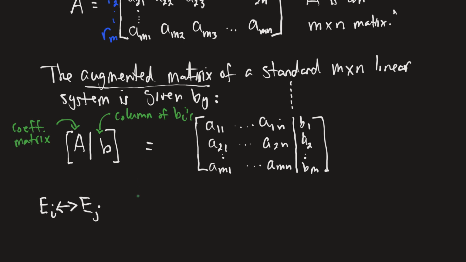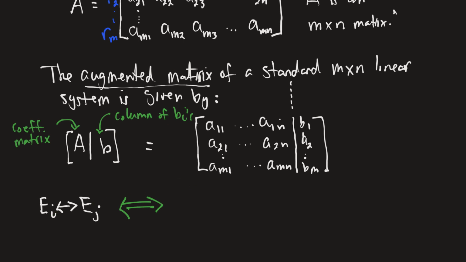What we have to do is write down what is the equivalent form now with this new structure that consists of rows and columns. Well, the thing about the augmented matrix is equation I corresponds to row I, right?